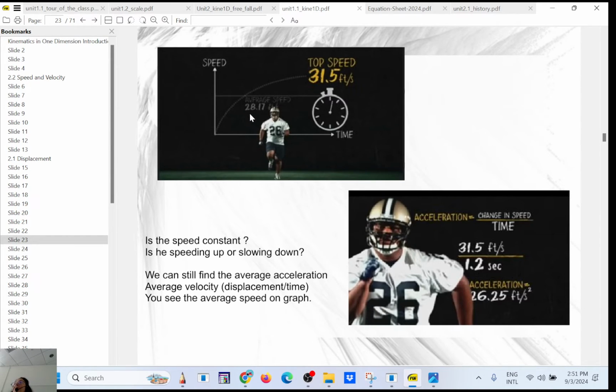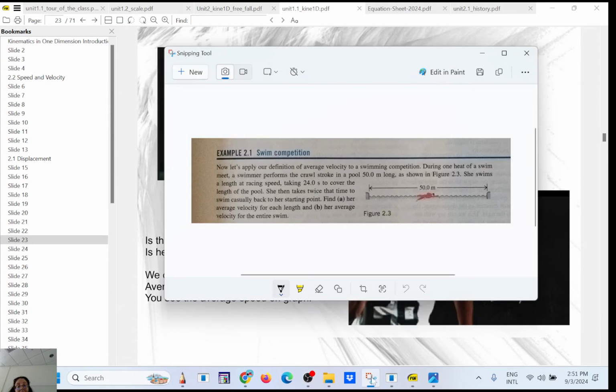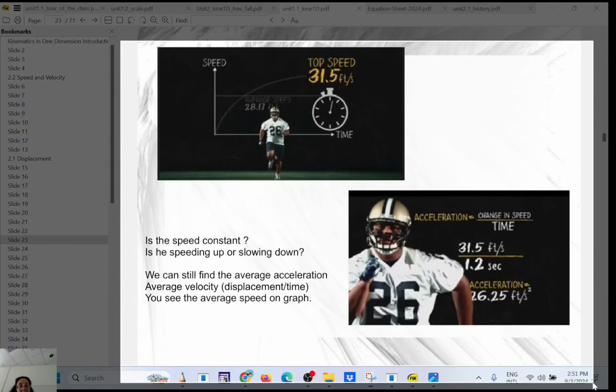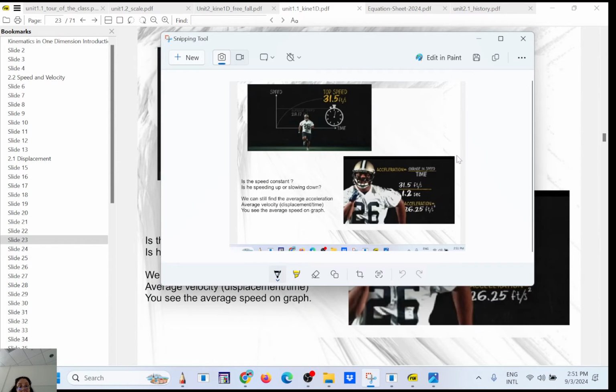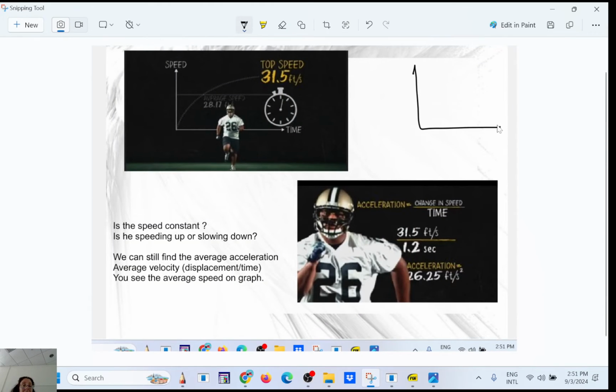About average, so if a speed increases at a constant rate, so if you have a speed here as a function of time, and your speed increases at a constant rate.